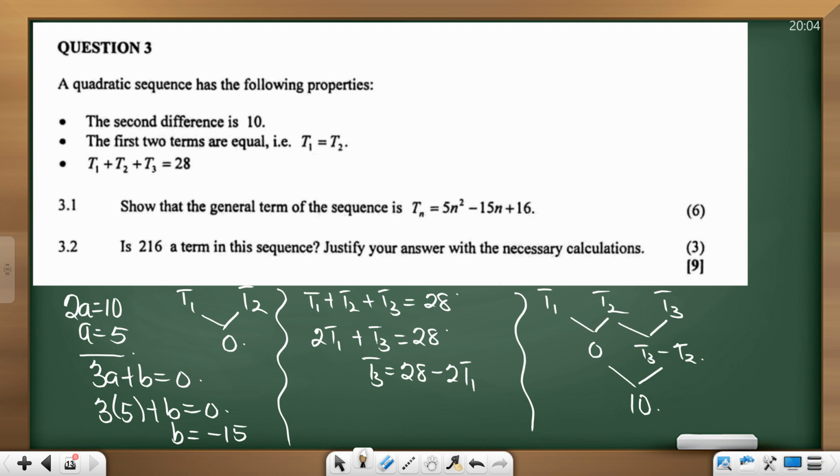And what is T2? T1. Our T3, right? Okay, let's write it nicely. What is T3? 28 minus 2T1. That is just T3.